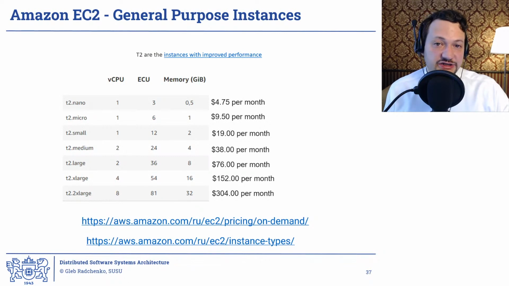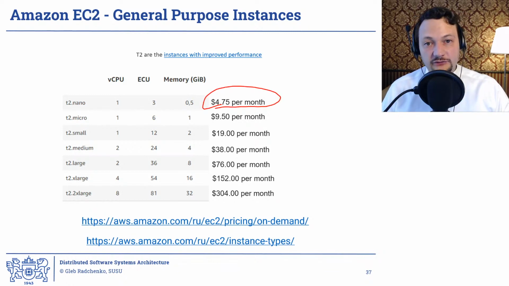So what is the cost of a virtual machine? If you would like to book a virtual machine, then you should be able to pay for it. The smallest one, the T2 Nano virtual machine, is available for about $5 per month. This is a virtual machine with one virtual CPU and about half a gigabyte of memory available.